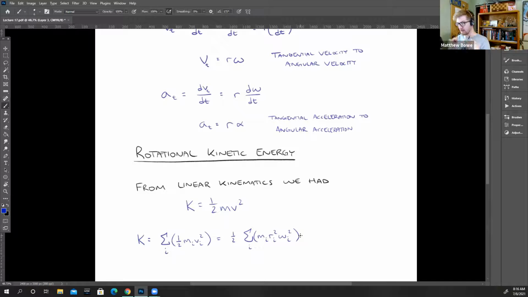So maybe we can simplify this a bit. Let me go one more step. I'll say 1/2, and I'm going to make a large parentheses. We'll say summation of some object's mass times the distance, the radius from its axis of rotation.